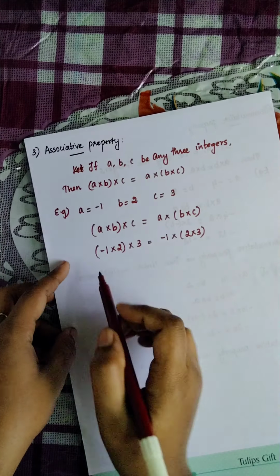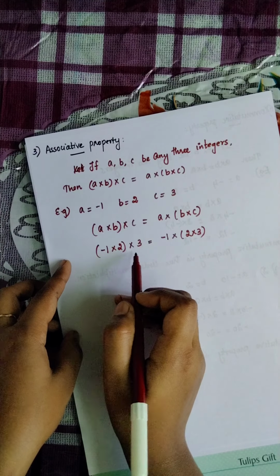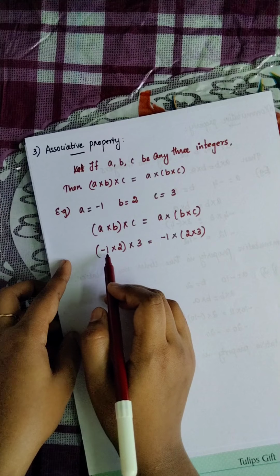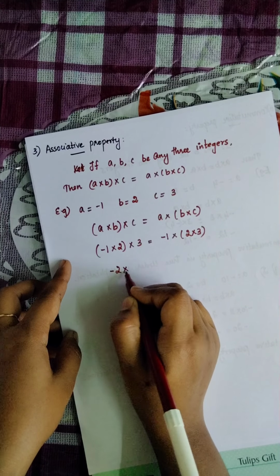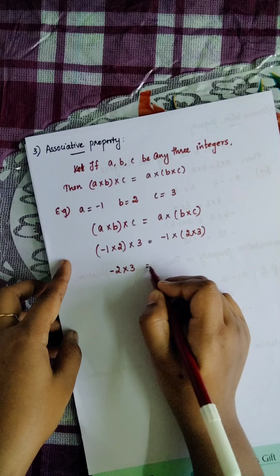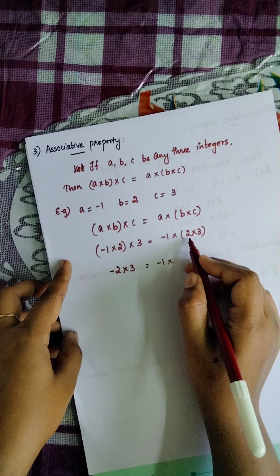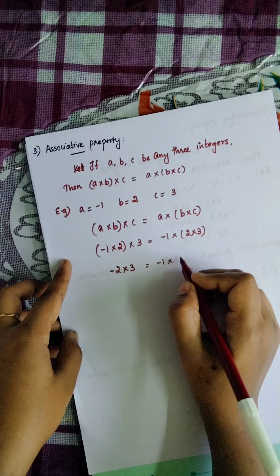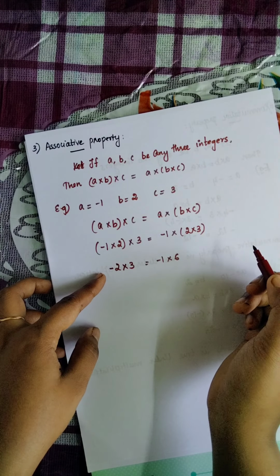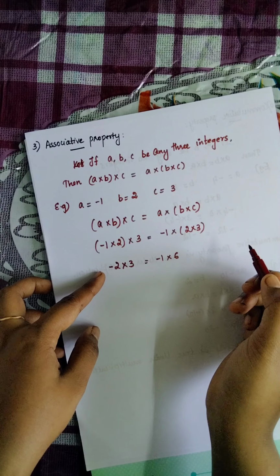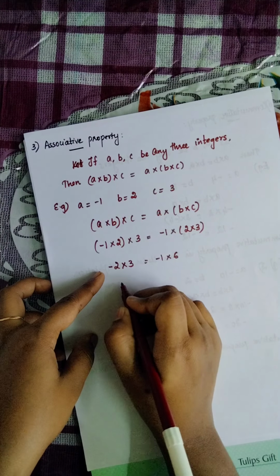Now say, what is -1 into 2? -1 into 2, it is -2. Very good. -2 into 3. On the right side, -1 into 2 into 3. What is 2 into 3? 2 3s are 6. What is -2 into 3? -2 into 3, it is -6.